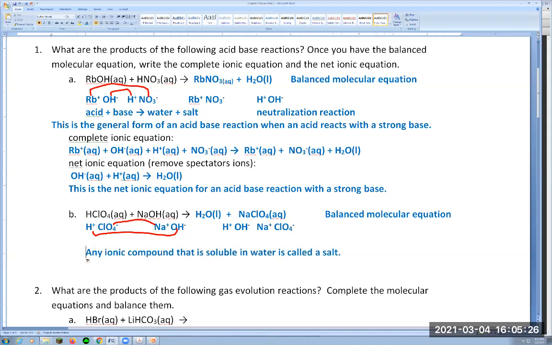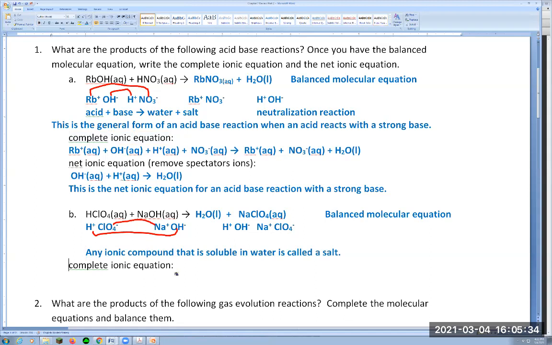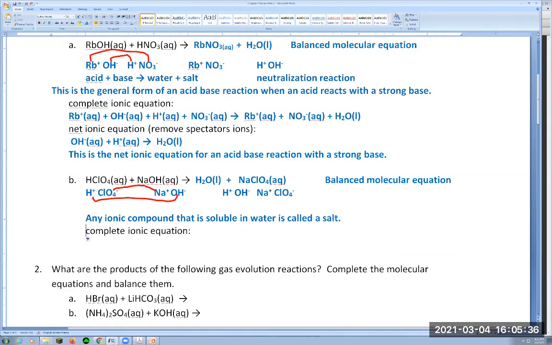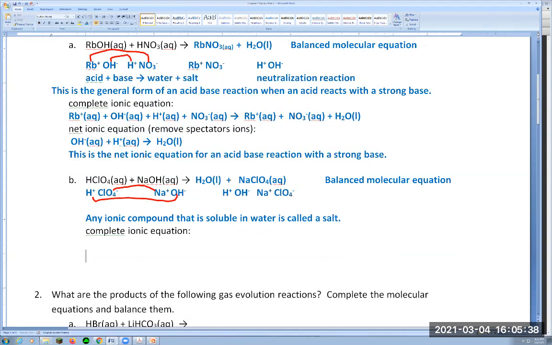So the next step is to find the complete ionic equation. So let's do that. Complete ionic equation here. Again, we already have our mixture of ions written down here. So I will copy that and keep them here.